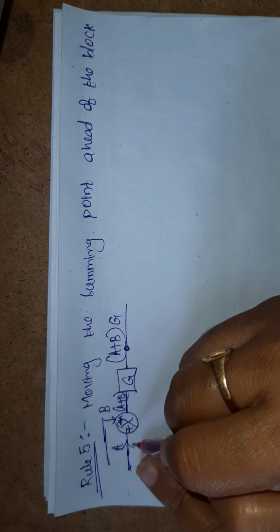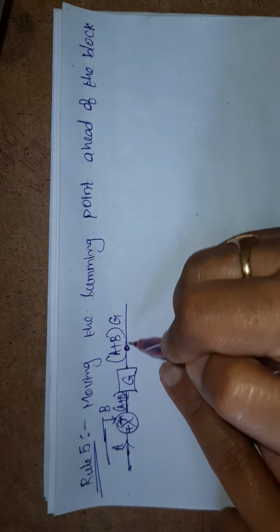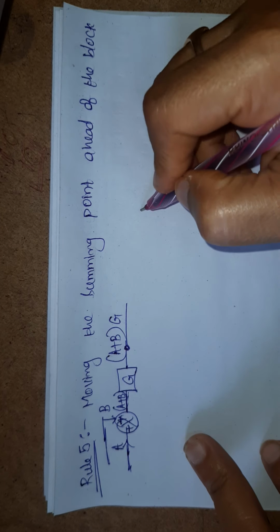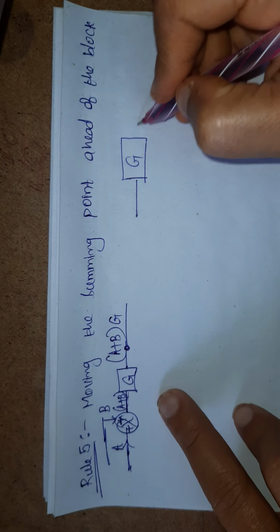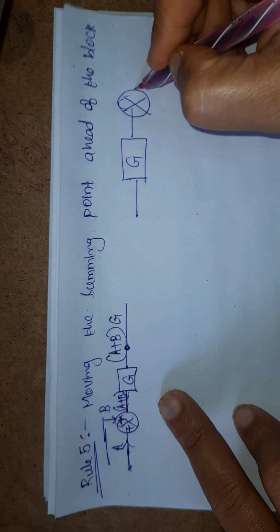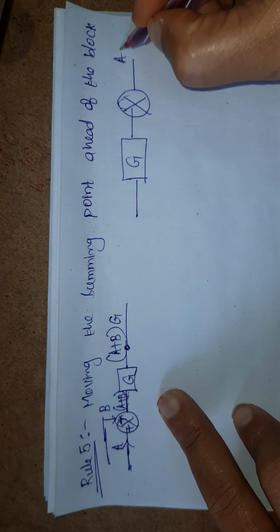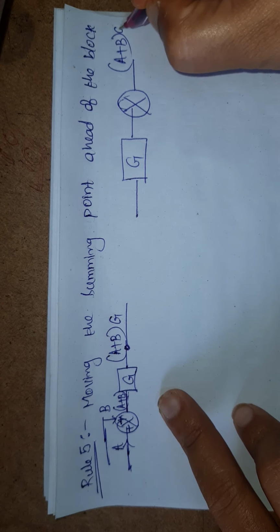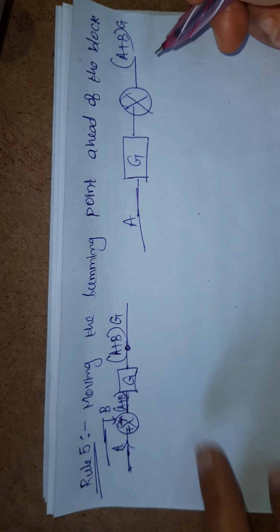I am getting A. Just consider the forward path. Write down, this is G. After this G, I have to get the summing point such that there won't be any change in input and output.